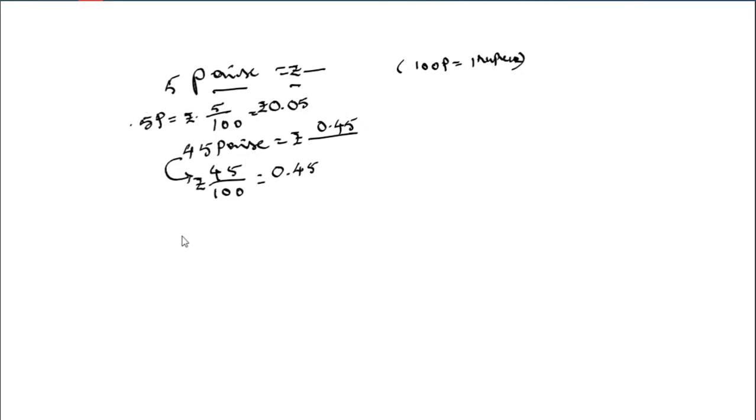Now suppose it is weight, for example 15 grams is equal to dash kgs. In 15 grams, how many kgs are there? Similarly, you divide this 15. What is the relation between grams and kg? As we know, 1000 grams is equal to 1 kilogram.